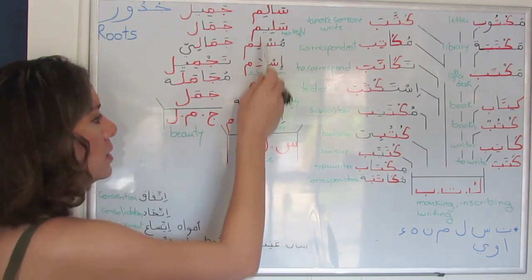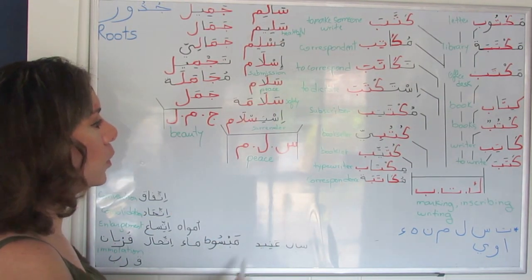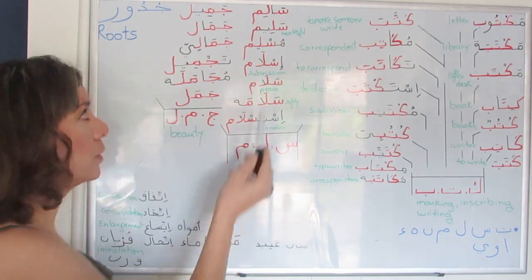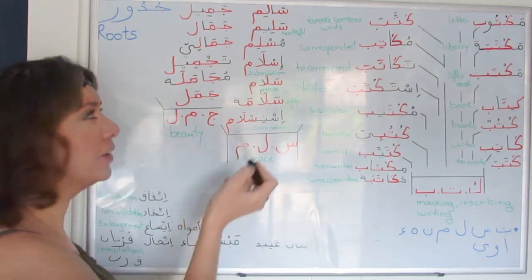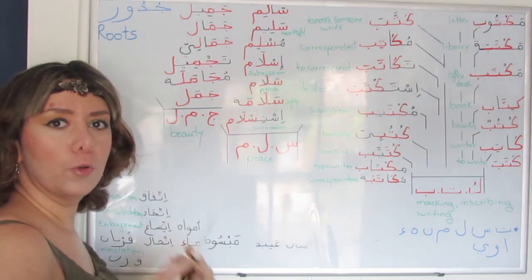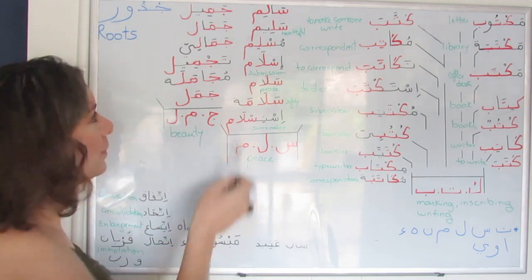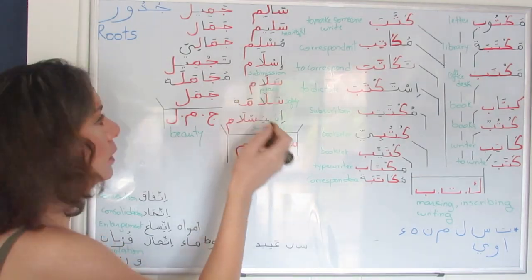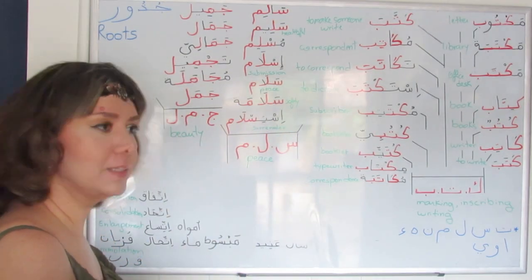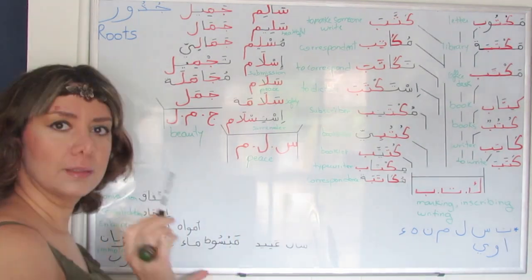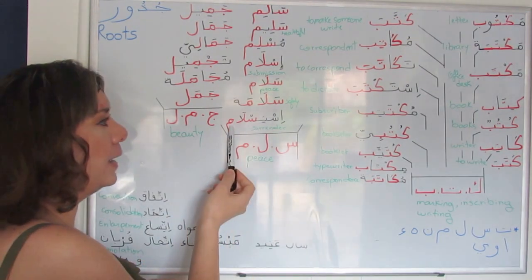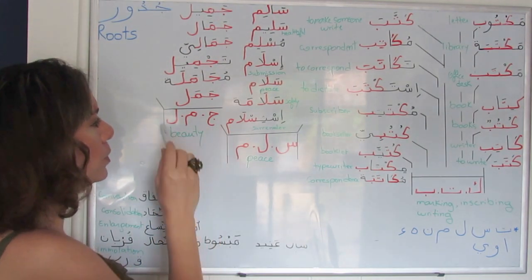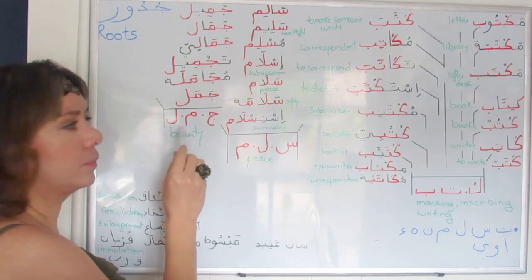So here is the list of words from the roots: salama, safe; salim, helpful; Muslim, a follower of the religion of Islam; Islam, a religion, submission is the meaning; salam, it means peace; salama, safety; istislam, surrender.